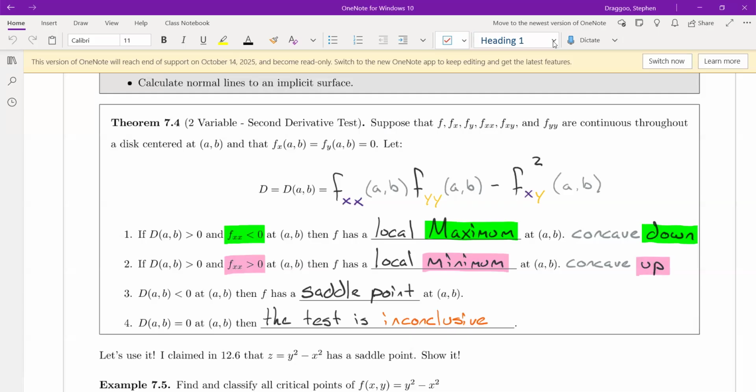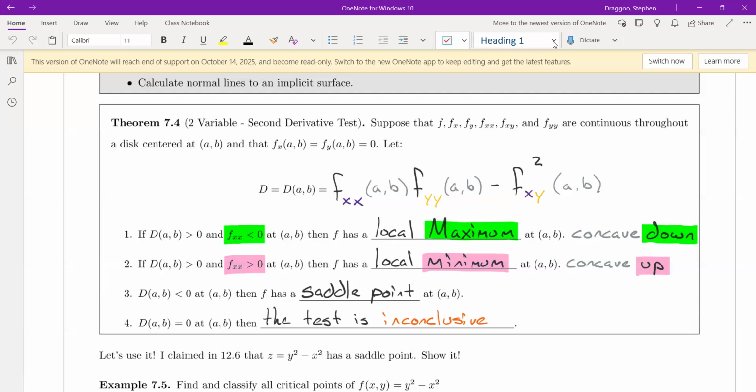And in order to check whether I'm concave up or concave down, for the thing to work, I need both directions to agree with each other, right? I need both the x direction to become, say I want a local maximum. Just fix on that for a second. The stuff that's highlighted in green. If I want a local maximum, I'm going to need both the x direction to be concave down, and I'm going to need the y direction to be concave down.